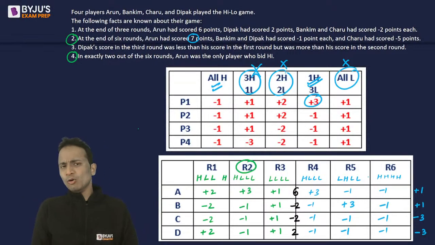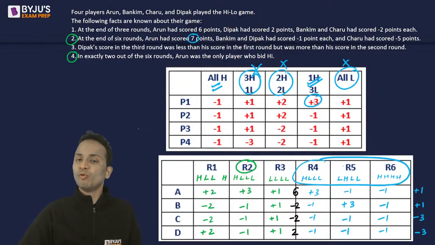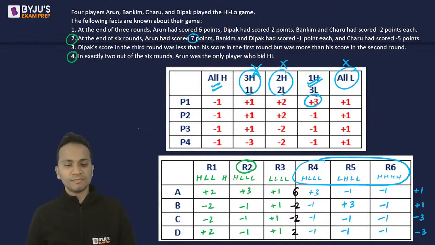Okay. Now, the way in point number 3 up there, we could find the exact sequence of points for Deepak. In round number 4, 5, and 6, we cannot do that. So these bids can be in any order for round number 4, 5, and 6, right?